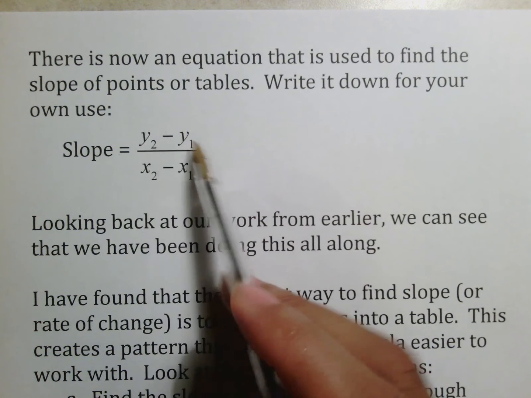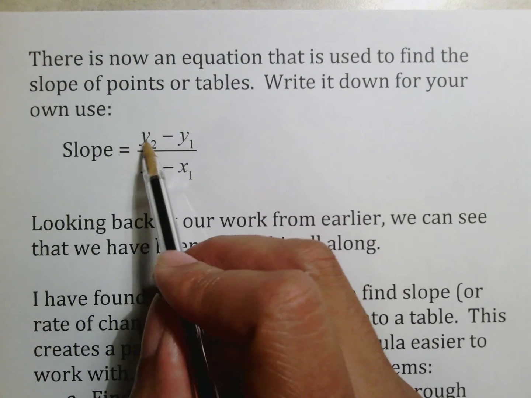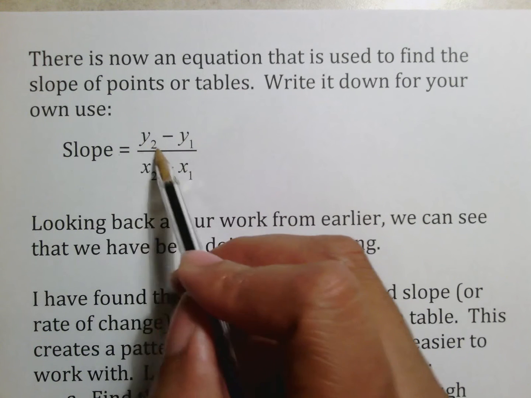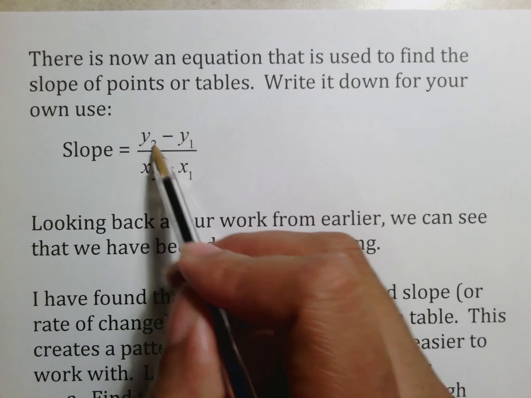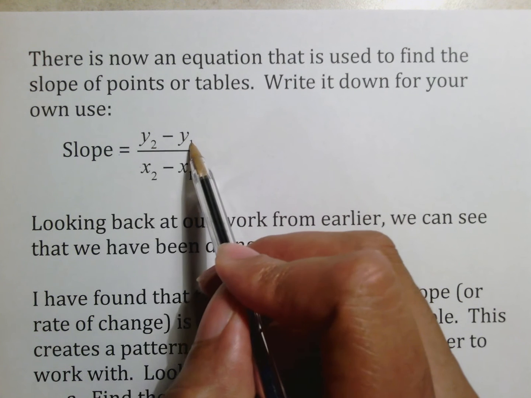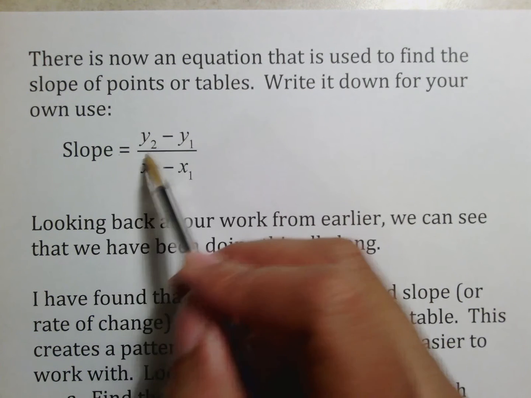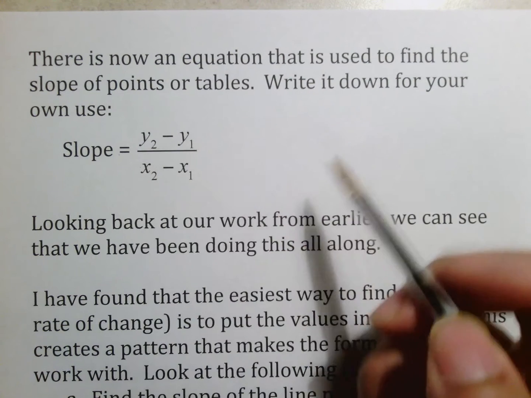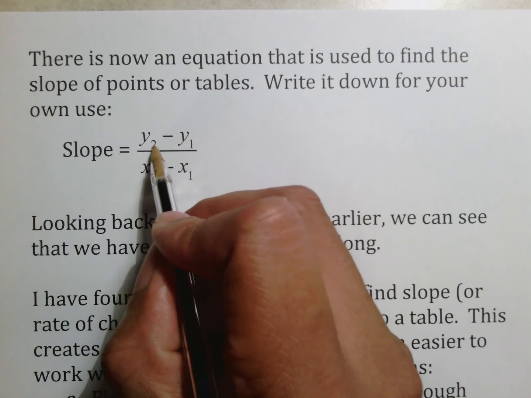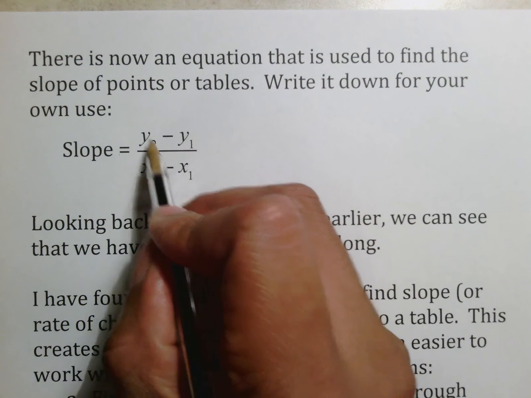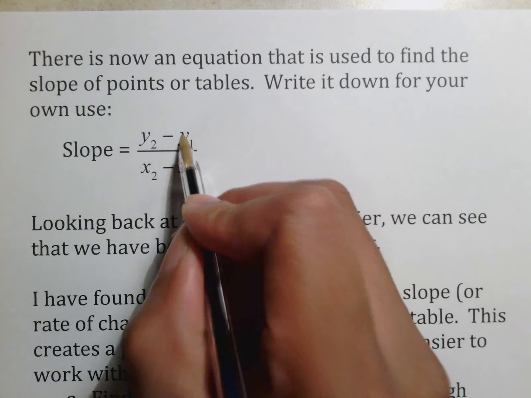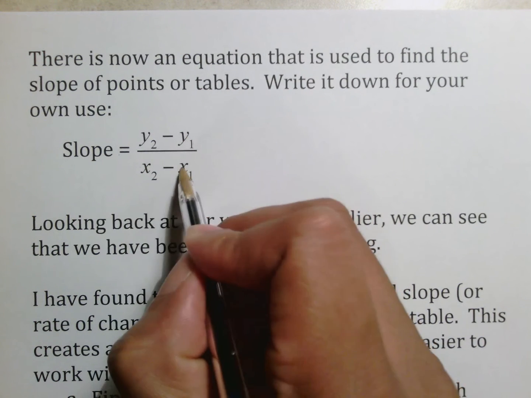This is not a power, but usually you will say either y2 or y sub 2, y1 or y sub 1, but for the sake of saying it faster, most people just say y2 minus y1 over x2 minus x1. What these subscripts mean is they indicate the list value of the y variable. So this would be the second y variable, the first y variable, the second x variable, the first x variable.